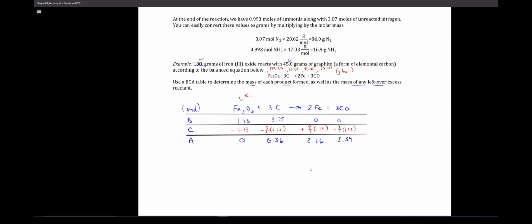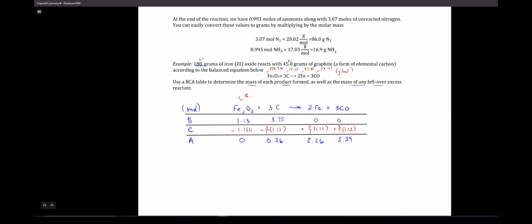This is really what we would call just a spreadsheet, okay? You can use a computer to do this if this were the real world and it were a more complicated reaction than this. The one thing that worries me again is that you remember reactants are always negative changes, products are always positive changes.